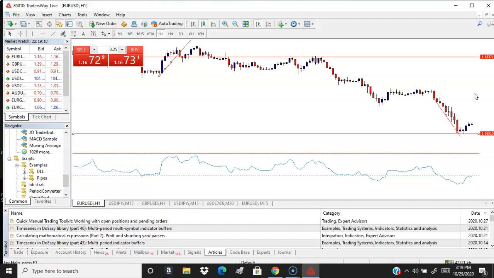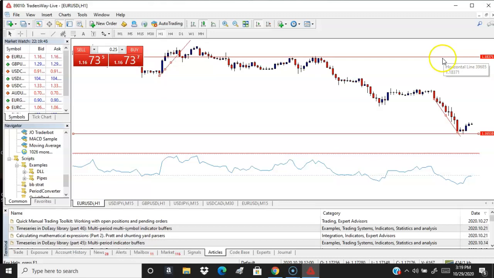Once it bounces off that line, this is where you want to take your buys right here. You don't want to trade in the middle of a candle, so you will go right at the strike point and execute a buy, depending on the strategy that we will discuss in upcoming videos. So that is the support line.